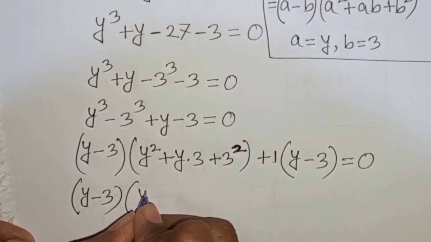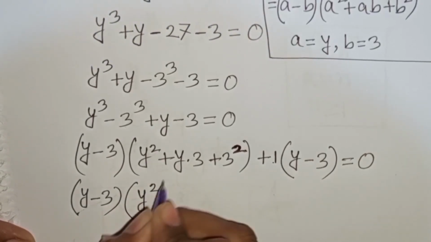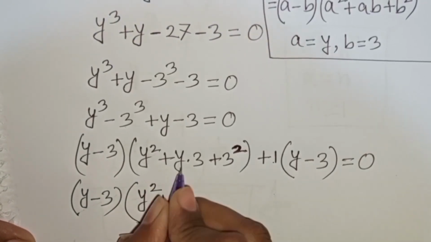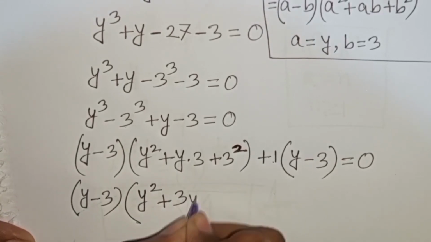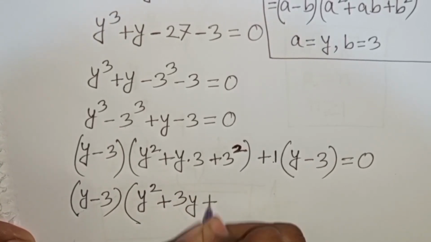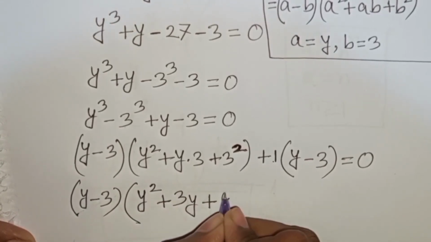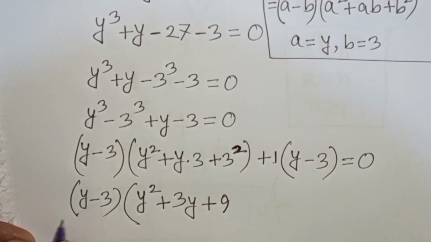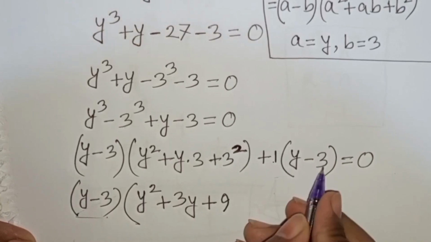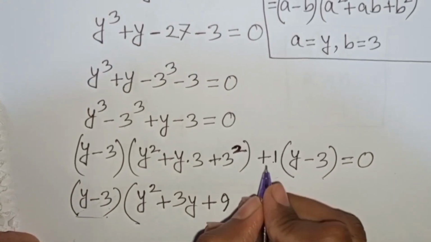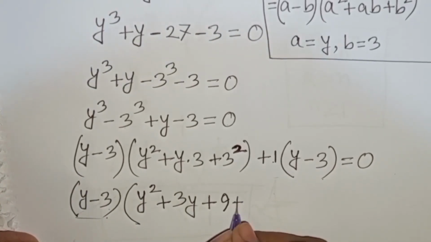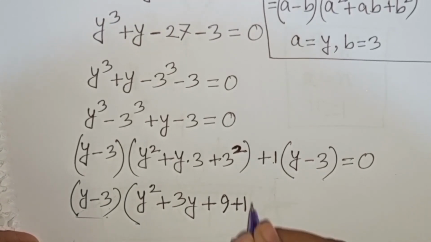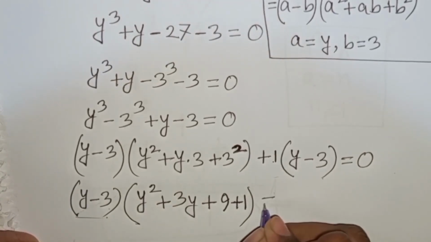So we have y square plus y times 3, that means it will be 3y plus 3 square is the same as 9, then this divided by this, that means this y minus 3 will be cancelled, so here plus 1, then bracket close is equal to 0.